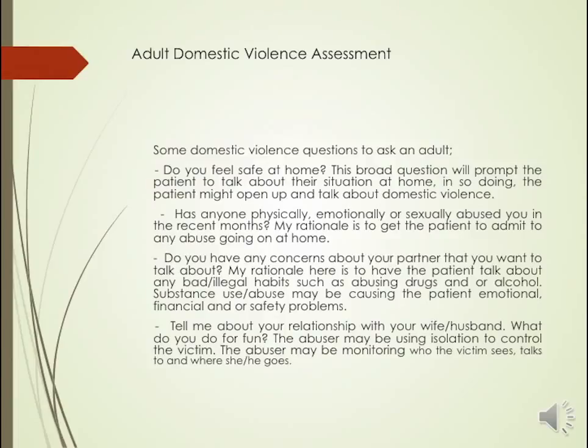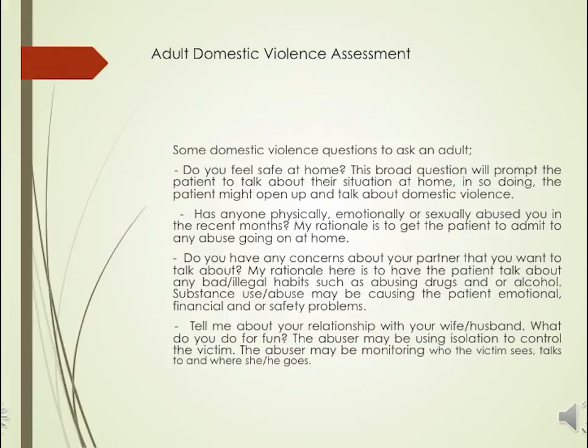Another direct question could be, tell me about your relationship with your wife or your husband. What do you do for fun? The rationale here is that the abuser may be using isolation to control the victim. The abuser may be monitoring who the victim sees, talks to, or where she or he goes.